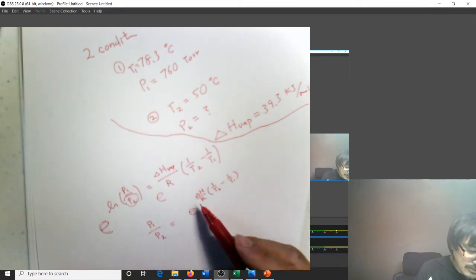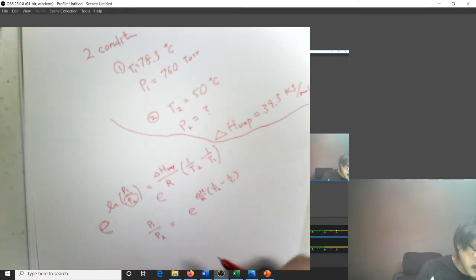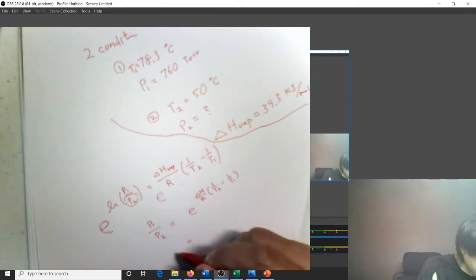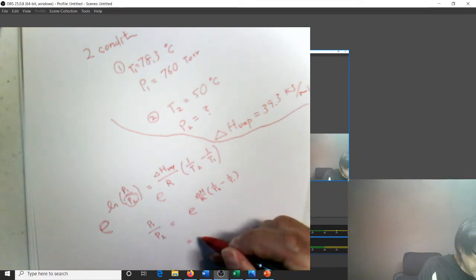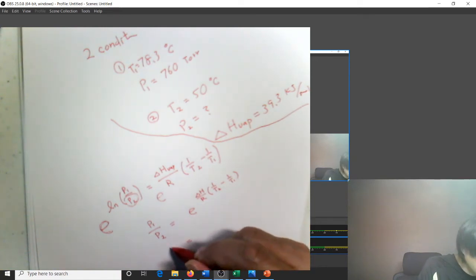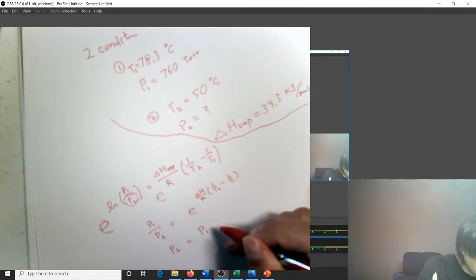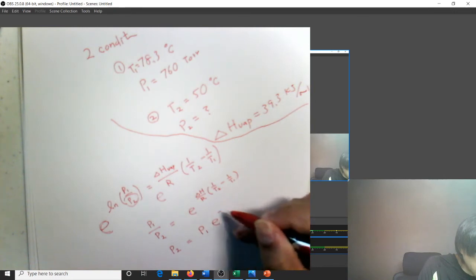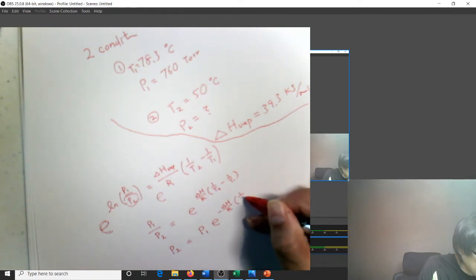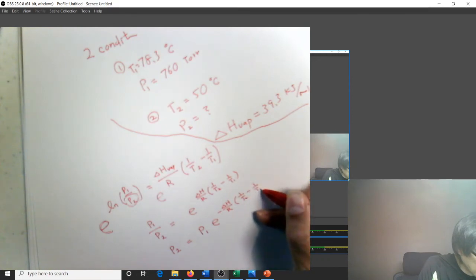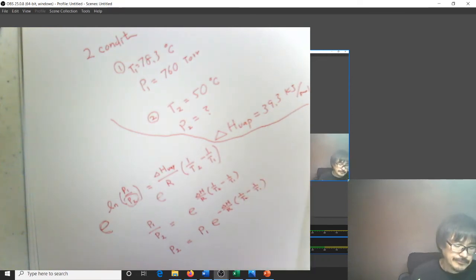So P2 goes that way, e to something goes this way. So let me put it this way. P2 is going to be P1 times e to the minus delta H divided by R of 1 over T2 minus 1 over T1. So that's the equation that I need to isolate P2.